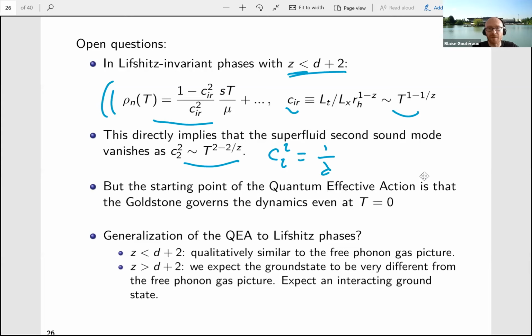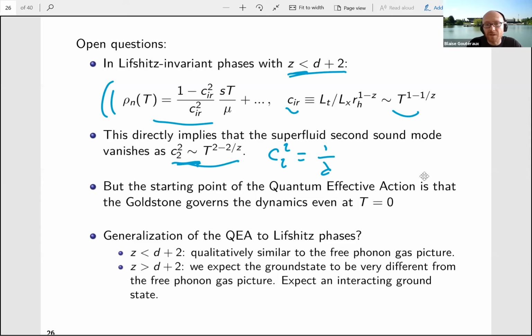And so I think it's an interesting question to work out what would be the equivalent of this quantum effective action for Lifshitz phases that would explain this vanishing of the superfluid second sound mode. Because naturally you would expect that if at 0 temperature your system is made up of free superfluid phonons, then second sound should not vanish. Yet somehow it does. So there's something to understand there.